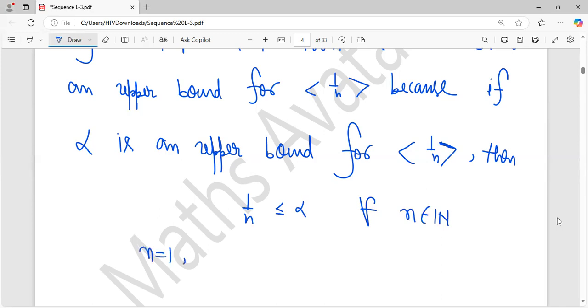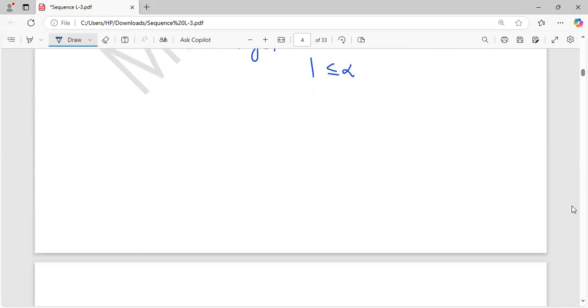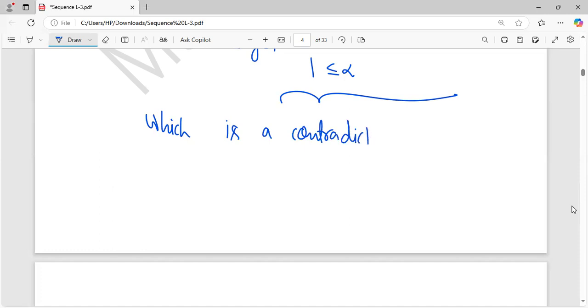So taking n equal to 1, we get 1 is at most alpha, which is a contradiction to the fact that alpha is less than 1.